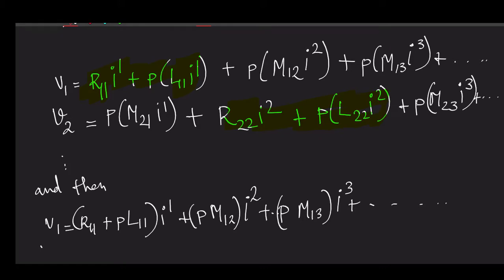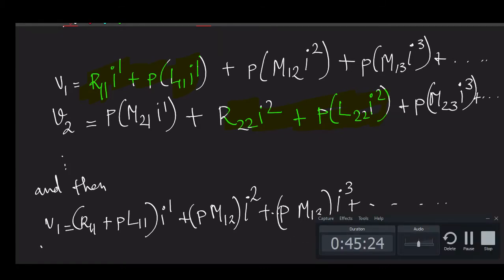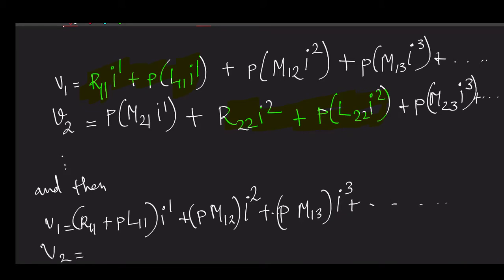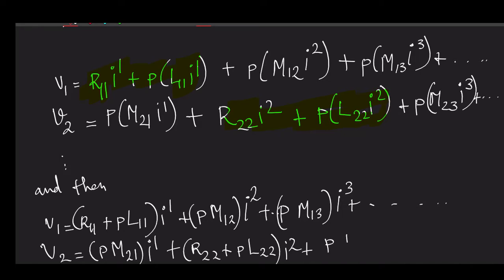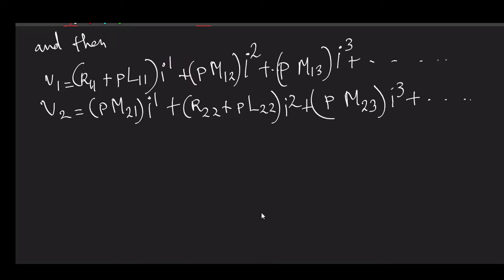And V2 is equal to. The underlying fact here is that P applies to the product of inductance within the bracket and current outside the bracket in every case.